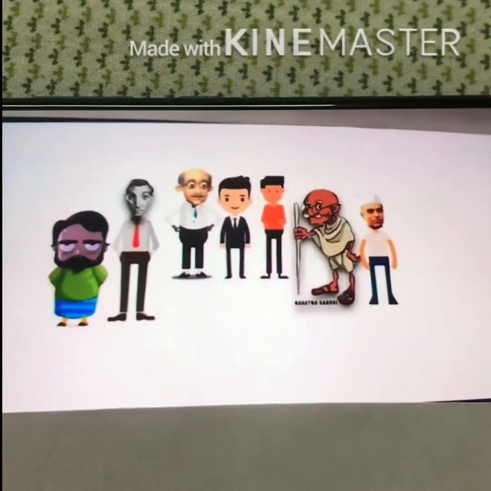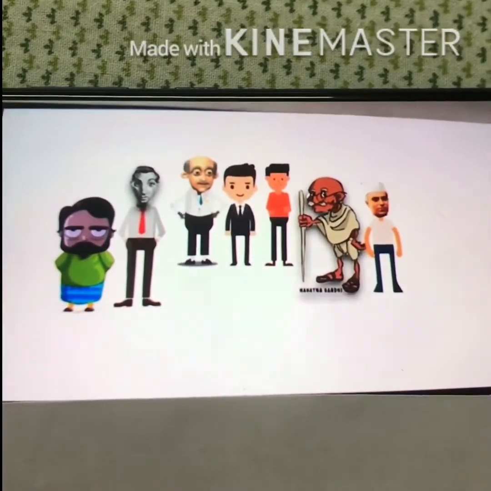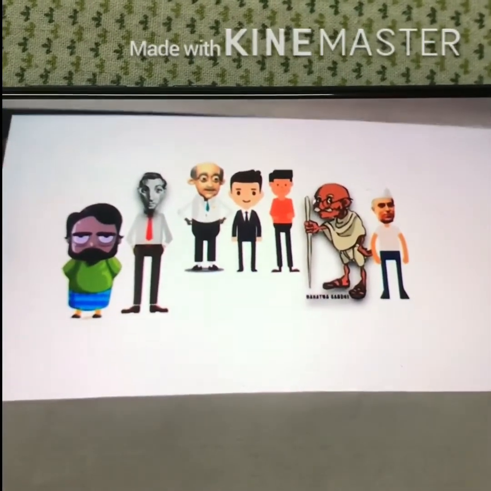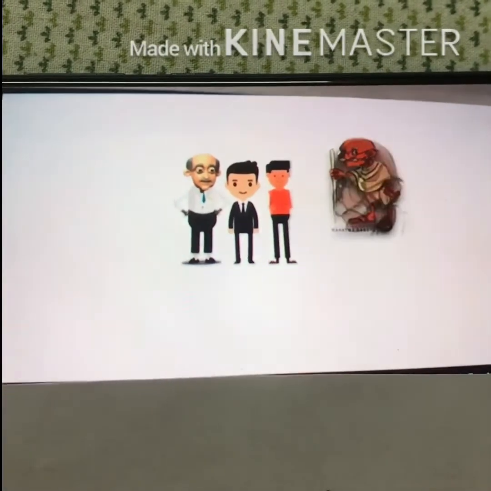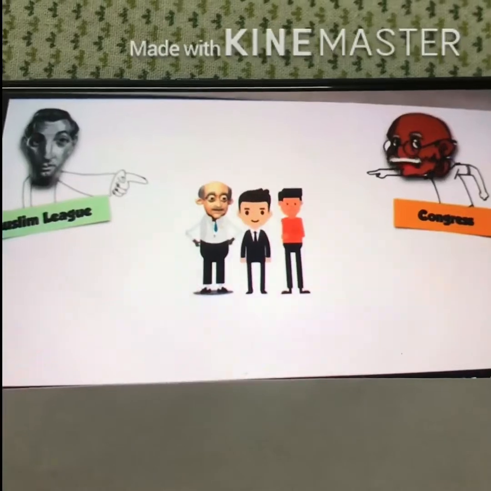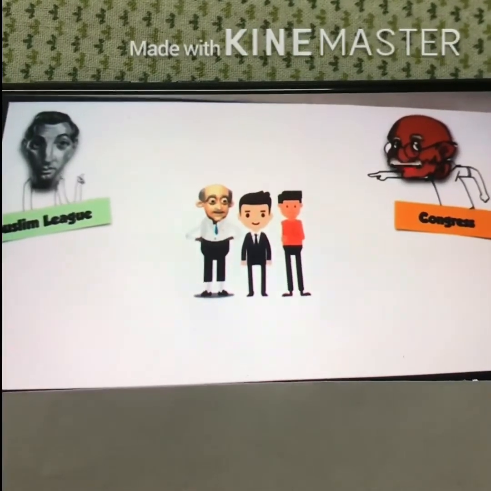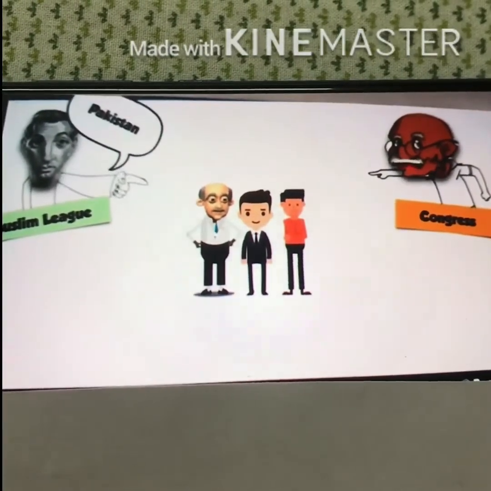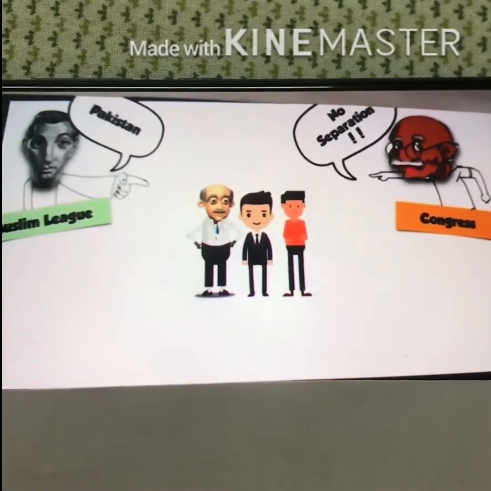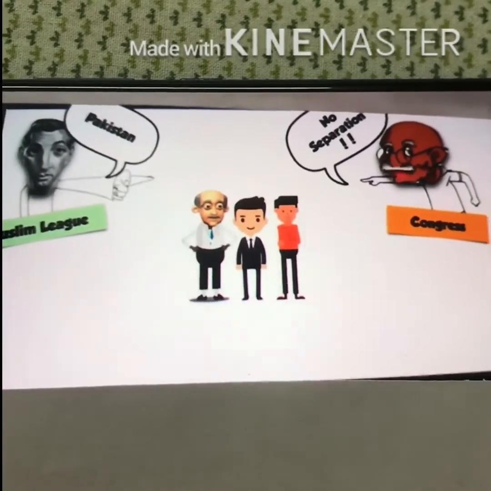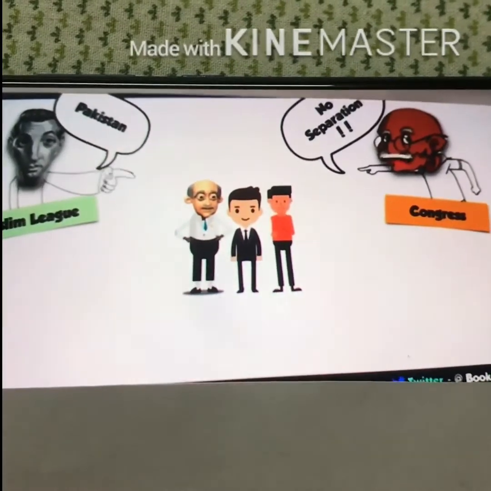The plan had two main objectives. First was to establish a constituent assembly and the second was to establish an interim government. As highlights of the Cabinet Mission, we can focus upon two conditions. First is undivided India and the second is no separate electorate.